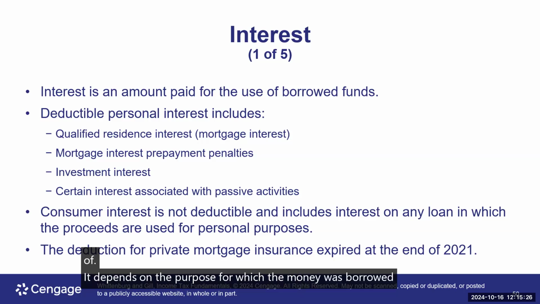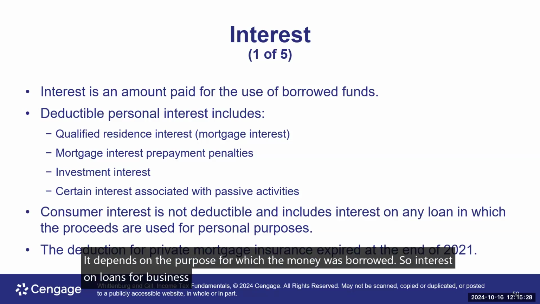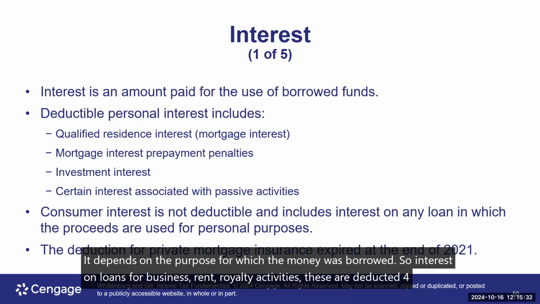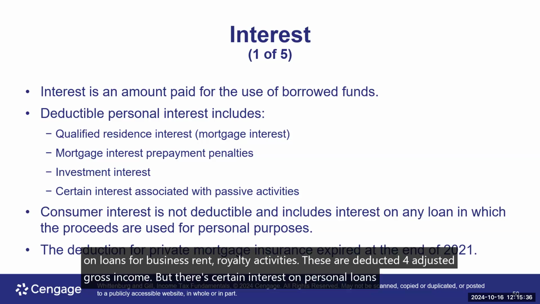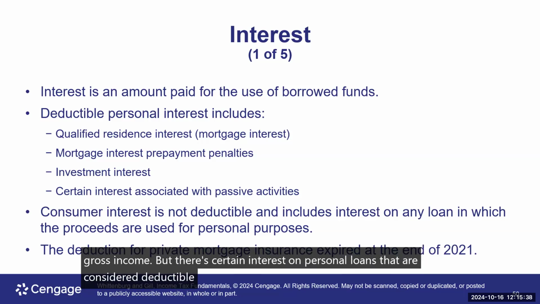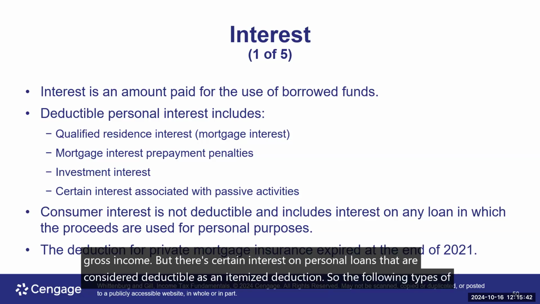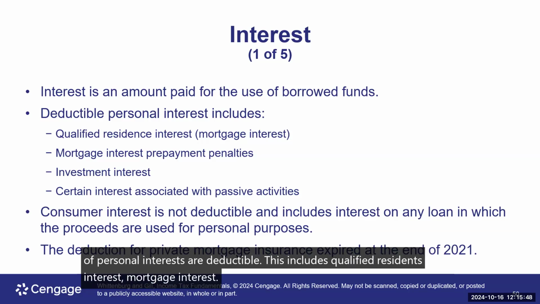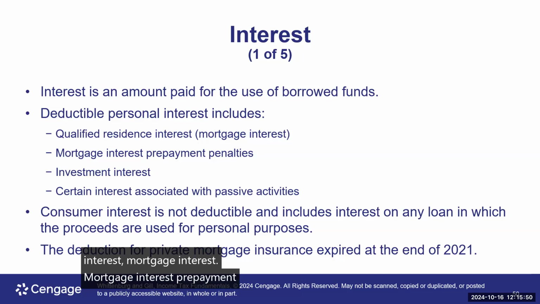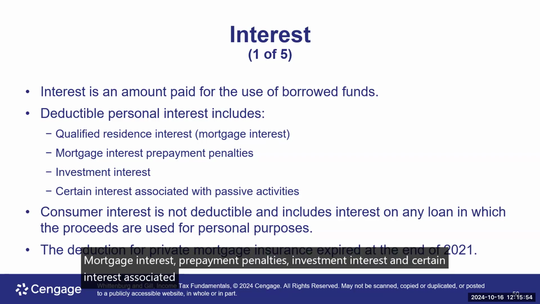So interest on loans for business, rent, royalty activities are deducted for adjusted gross income, but there's certain interest on personal loans that are considered deductible as an itemized deduction. So the following types of personal interest are deductible. This includes qualified residence interest, mortgage interest prepayment penalties, investment interest, and certain interest associated with passive activities.